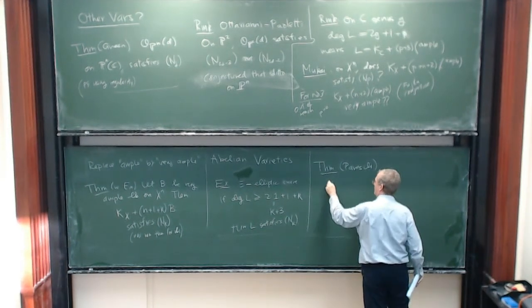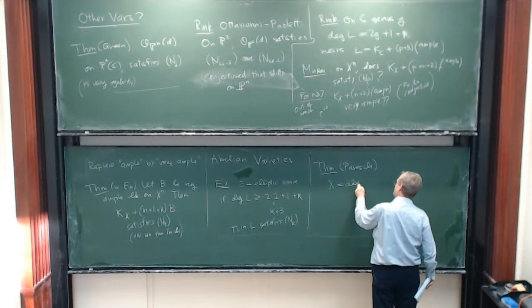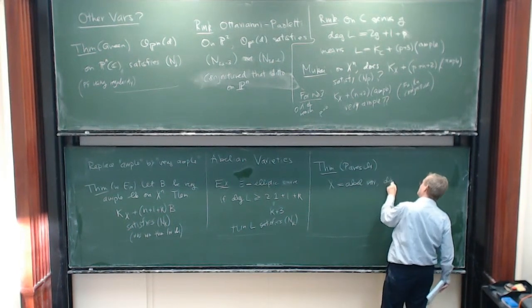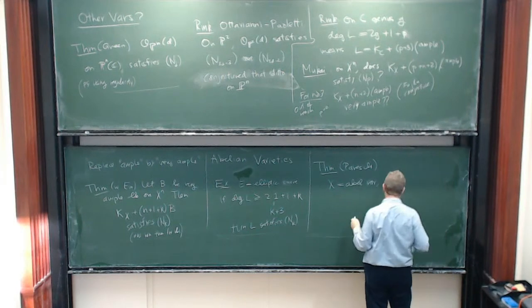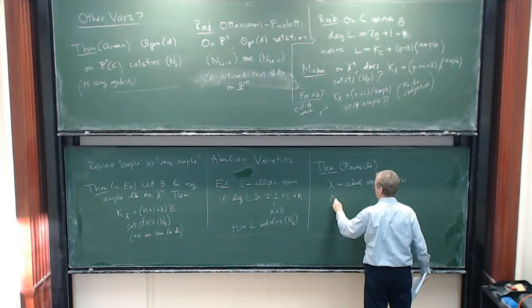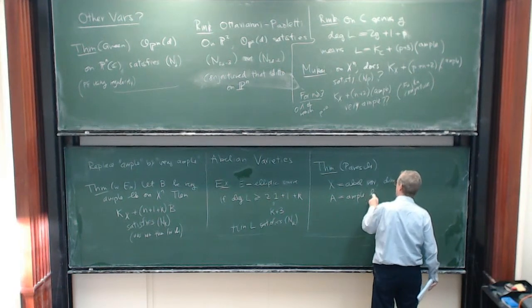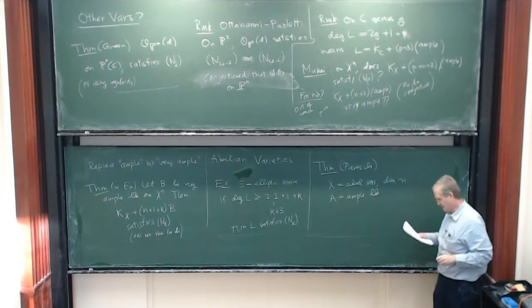So you take X to be an abelian variety of arbitrary dimension, and you take some ample line bundle A on X. For example, it could be a principal polarization, but it doesn't have to be.